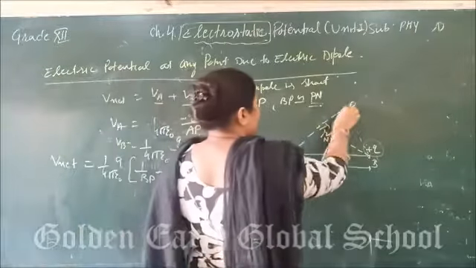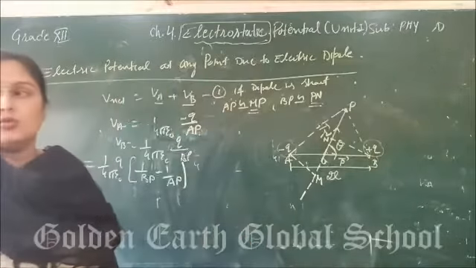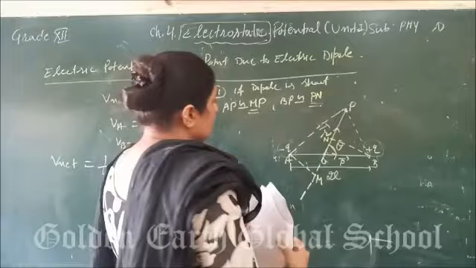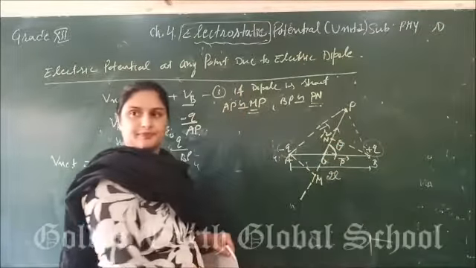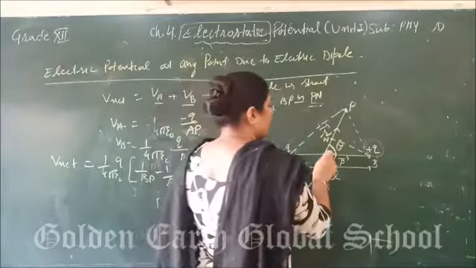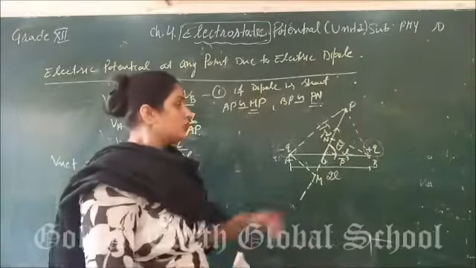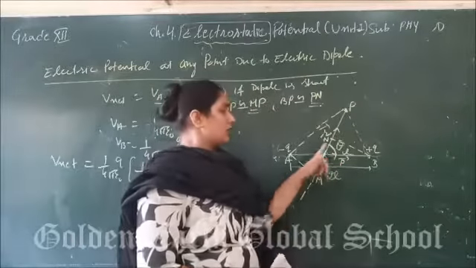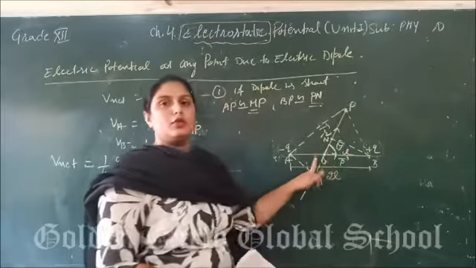Now to calculate NP, you should know the value of NO. To calculate NO, this angle theta is known to us. If 2L is the length of the dipole, then in that case OP will be equal to R. Now we have angle theta and this length OB is known. Now look here, it is a right angle triangle, that is BNO.